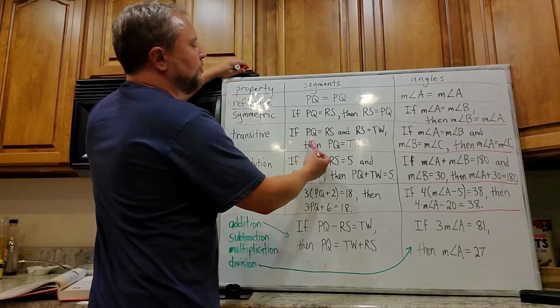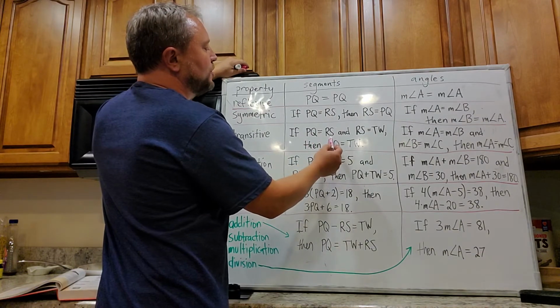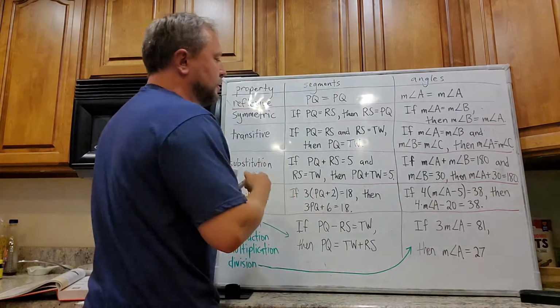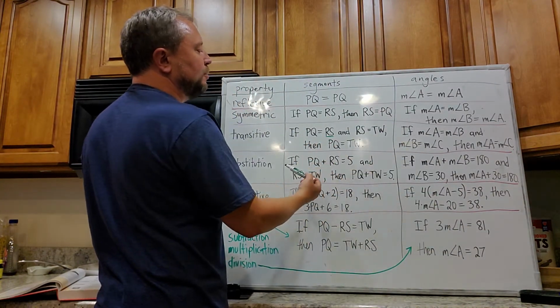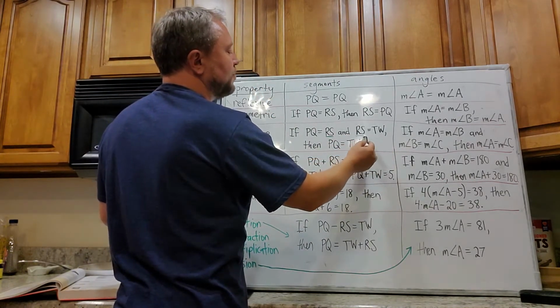So if you look at my first example with the segments, I've got if PQ equals RS, where RS is going to serve as my middleman, because look at the very next statement. I know now that RS is equal to TW.